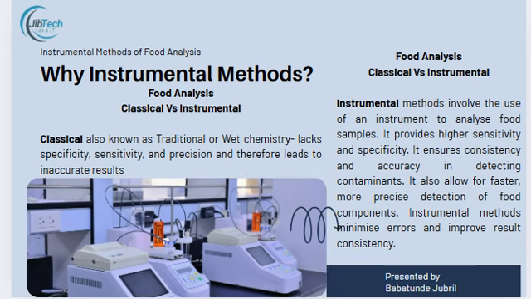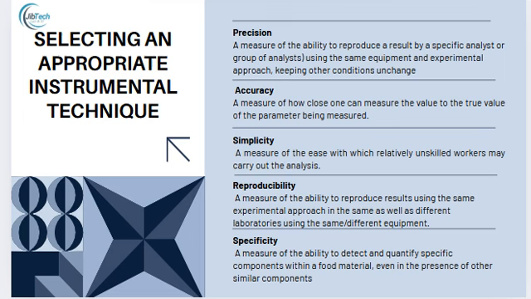Now, we're going to be talking about selecting an appropriate instrumental technique. So now our focus for this course is actually instrumental methods. All right. As a means of background, that was why we just brought that brief about classical methods.